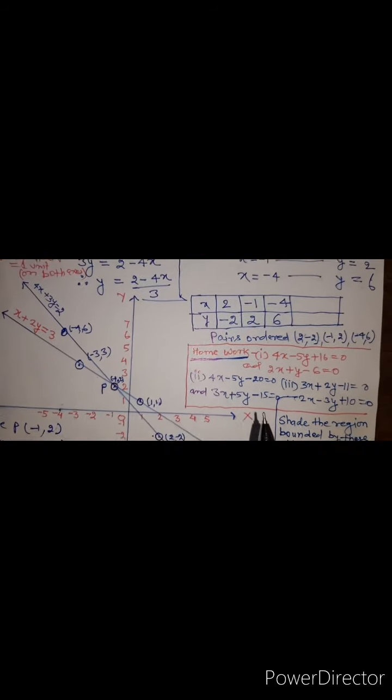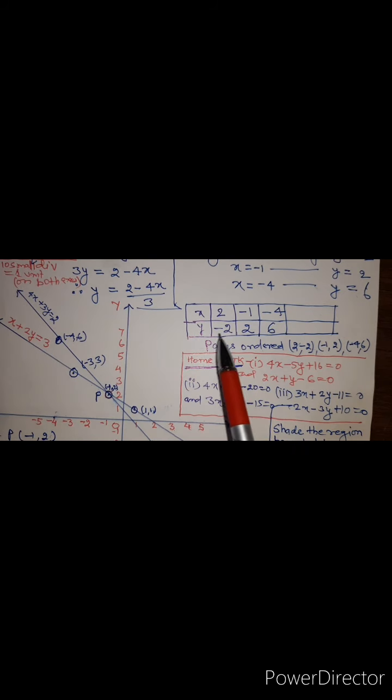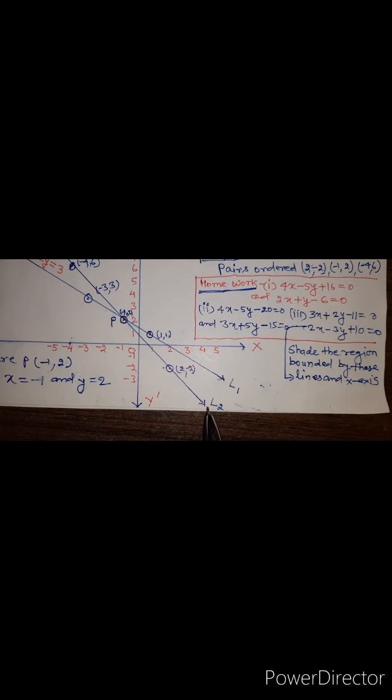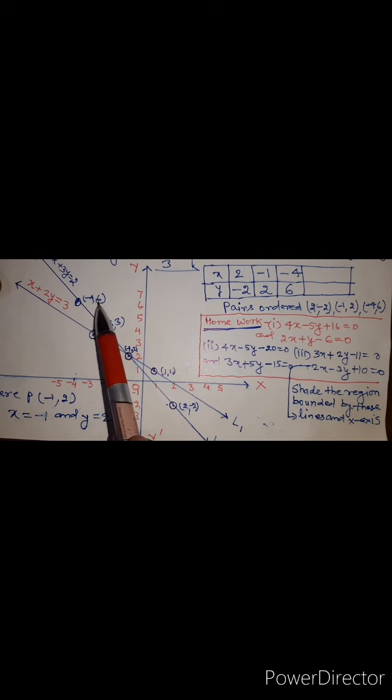Again, by taking the second table, here is the second table. Look, I have drawn the second line, line number L2, through the points (-2, 2), (-1, 2) and (-4, 6).